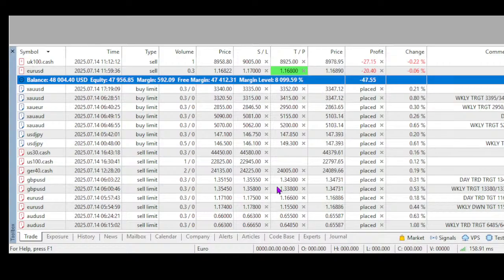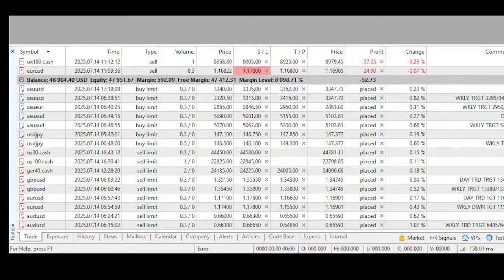So the gold, let's see one more round. So this is okay. The gold, we should be adjusting the TP, because once this is down, we do not expect the price to go higher.